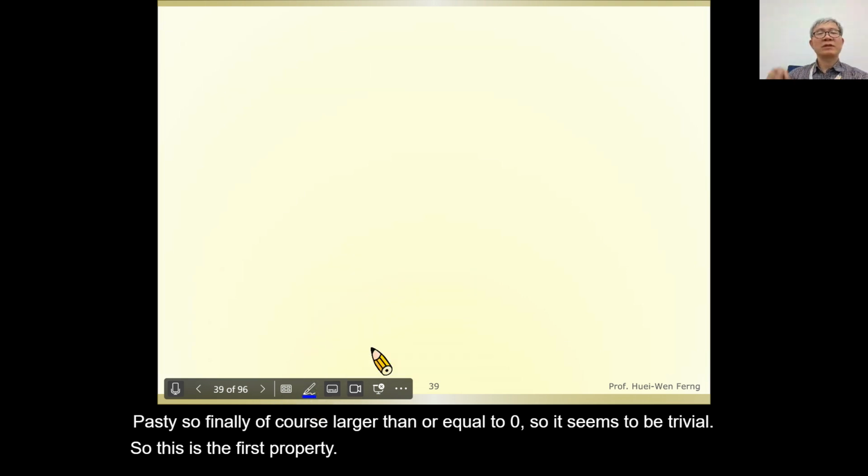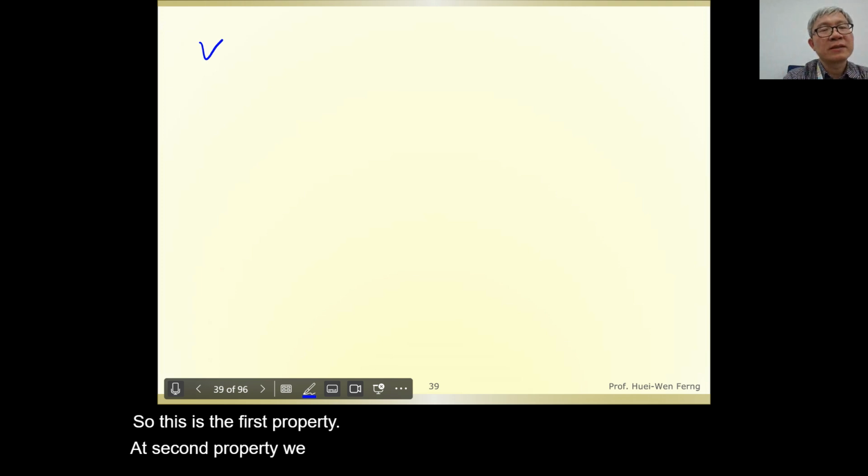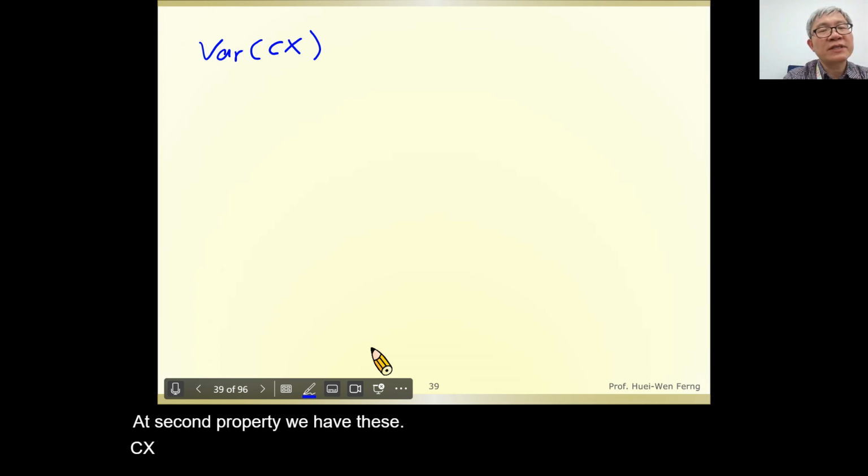And the second property, we have cX. How to get the variance of cX?